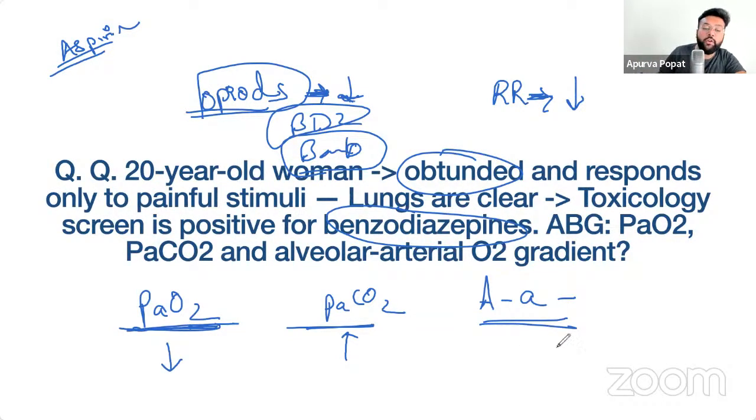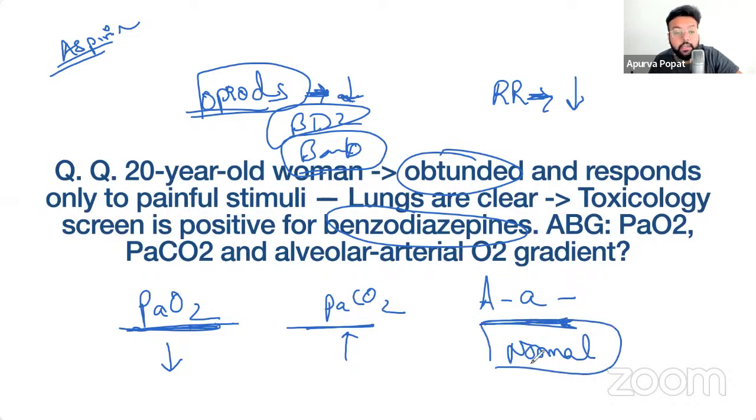What will be the alveolar arterial gradient in benzodiazepine, opioid or barbiturate intoxication? Normal. Yeah, it is going to be normal. Very good. The alveolar arterial gradient is going to be normal because your membrane is intact.